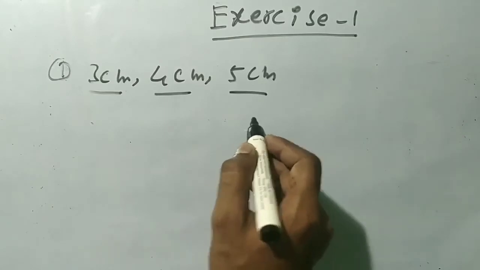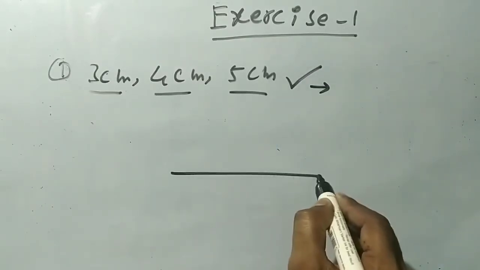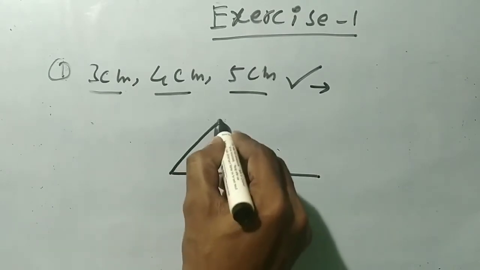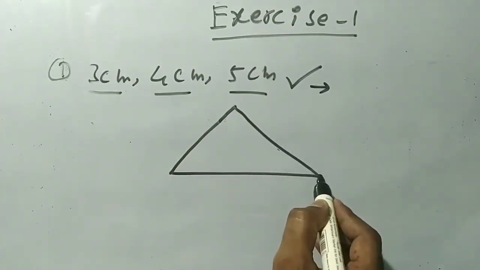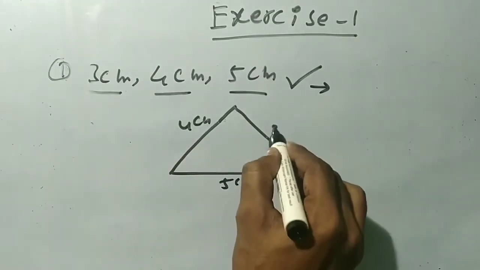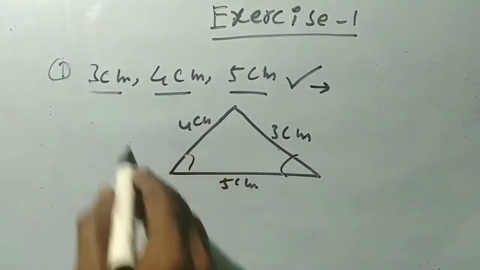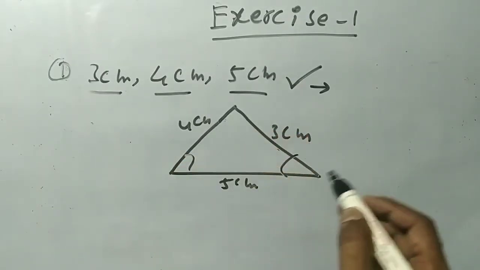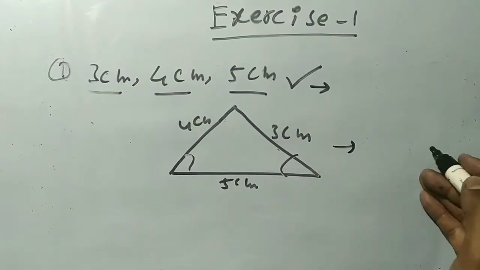So this is 5 centimeters, this is 4 centimeters, this is 3 centimeters. Then it forms a scalene triangle. Three different measurements make three different angles, making a scalene triangle.